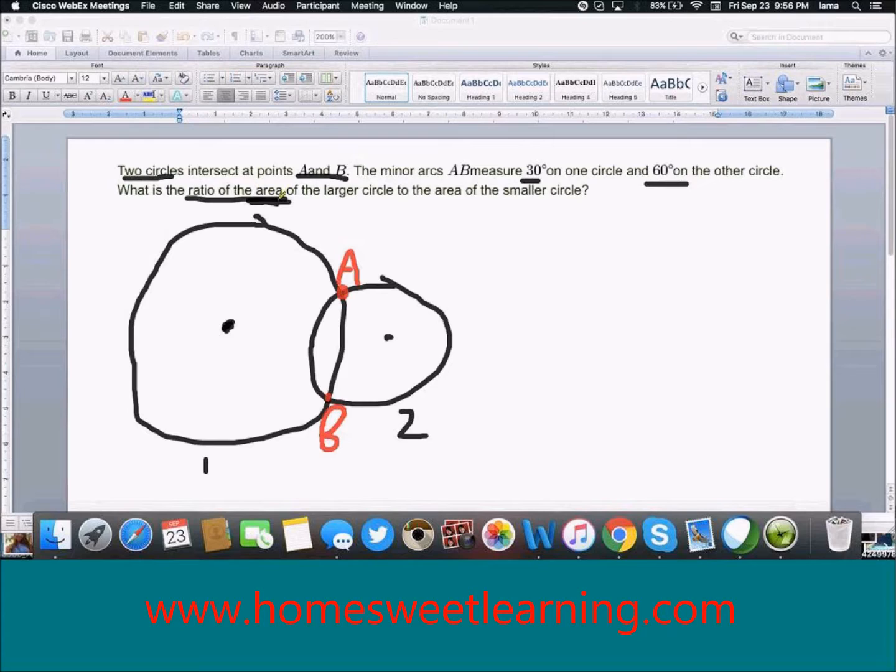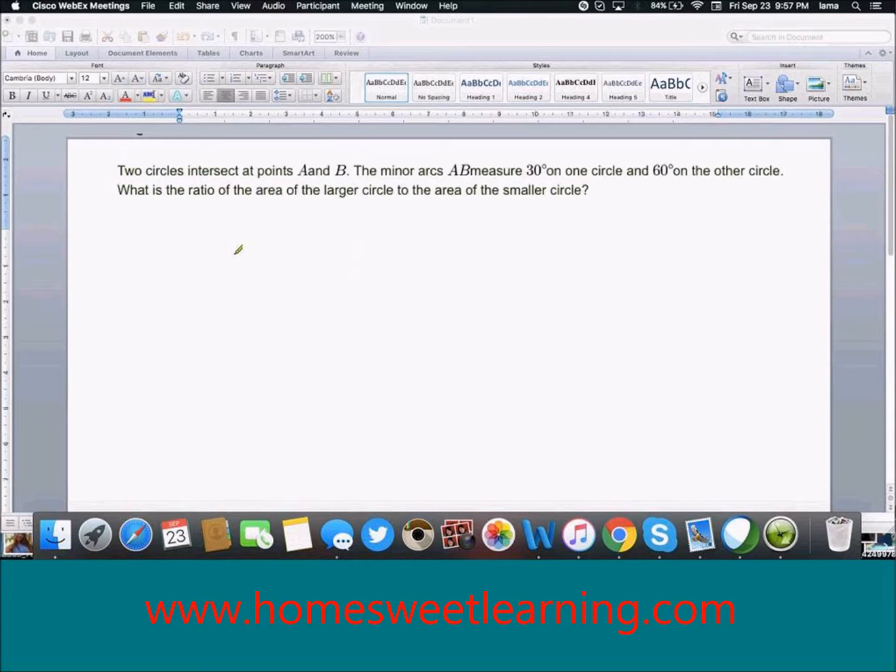The final answer we're looking for is the ratio of the areas between the two circles. So I think about what is the equation for area. Oh wait, can I use text? Oh dear, I'll just draw this really quickly. Sorry.